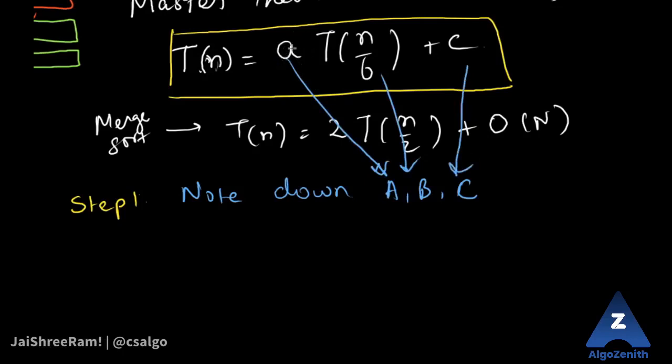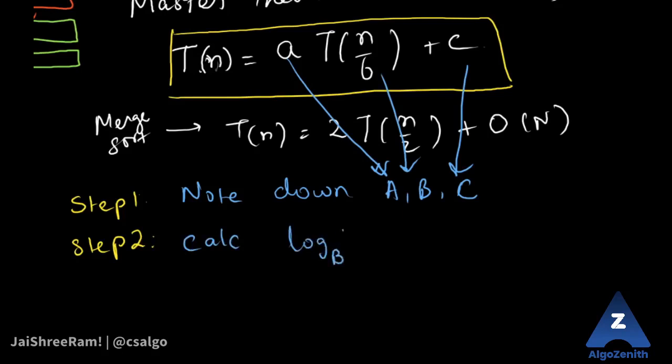This might not be exactly some number directly, there can be some other things as well, but we just take the numbers for now. So let's take these three into variables A, B, C. This is a theorem, so we are able to formulate a step-by-step process to find out the time complexity.